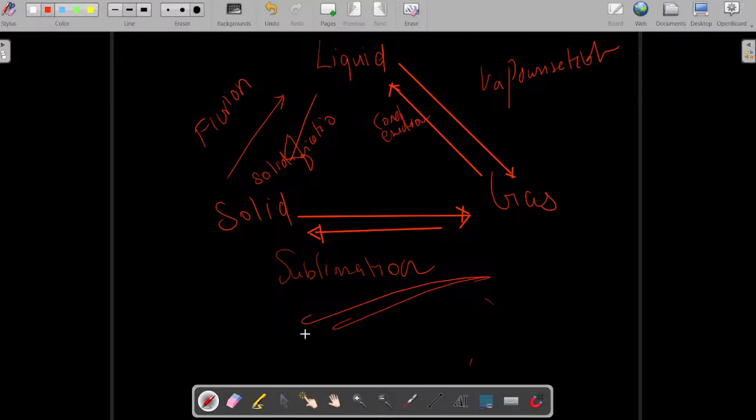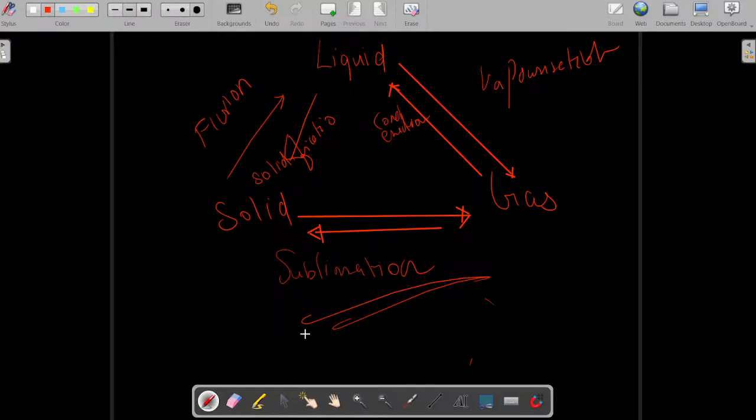Latent heat of vaporization is the heat energy required to convert 1 kilogram of liquid into gas at atmospheric pressure at its boiling point.